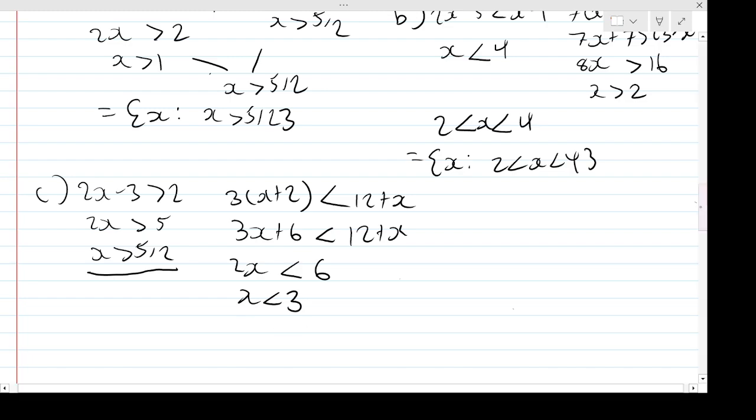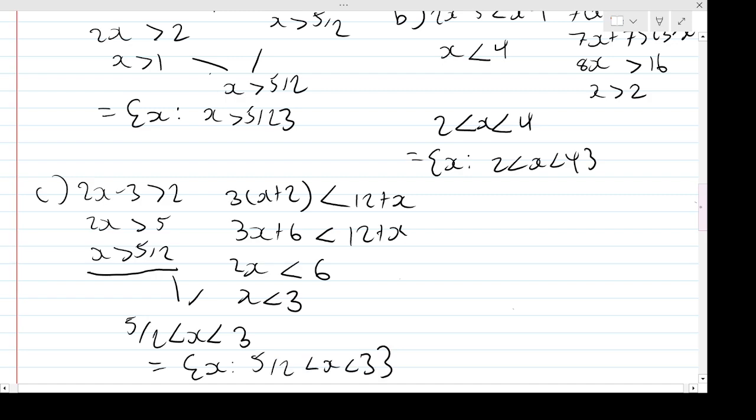So we can merge them together to get 5 over 2, the lower bound for x's smallest value, and then x has to be less than 3. So x is above 5 over 2, but x is also less than 3. Then as a set, we can simply say the set of values of x such that 5 over 2 is less than x, which is less than 3. That's a singular inequality overall, so that would be fine.